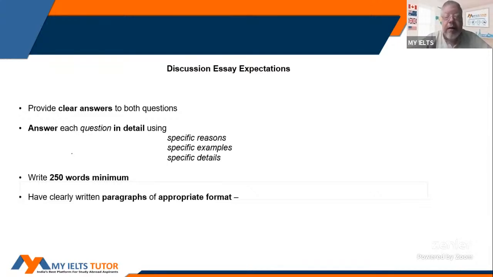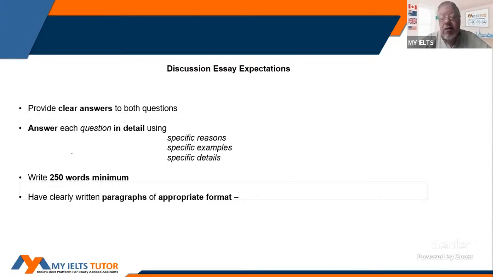Now, what you need to do next is you need to have clearly written paragraphs of appropriate format. You need to have paragraphs. If you don't have paragraphs, your score for coherence and cohesion will not rise above band score 4. So it's important that you have paragraphing, okay?